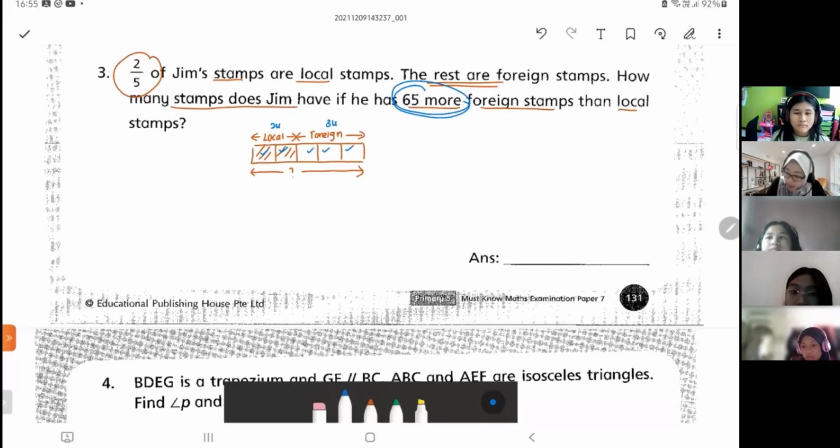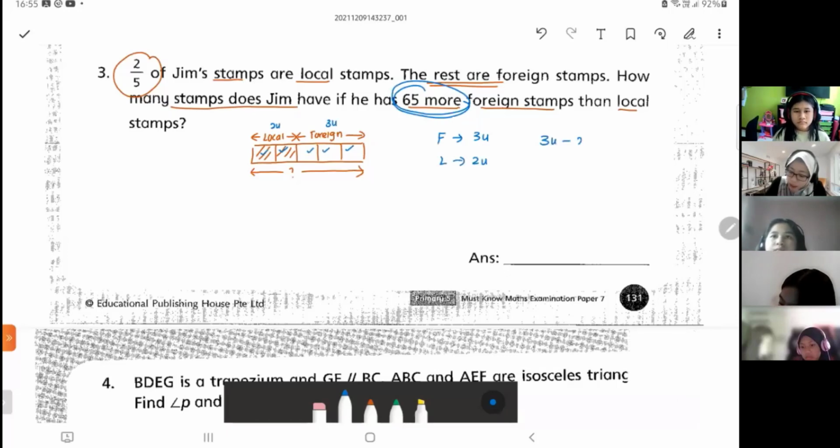So when I'm comparing, I am simply taking away, or minus, finding the difference between the foreign stamps and the local stamps. Foreign is 3 units, local is 2 units. You can see that the foreign is more. How many more? 1 unit more. So this 1 unit is 65.